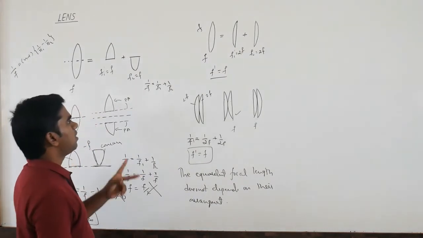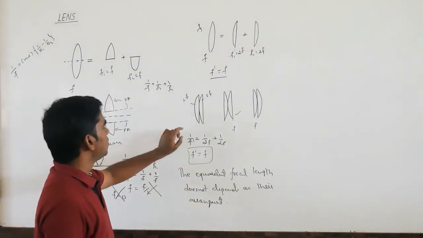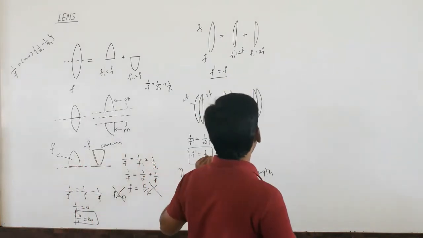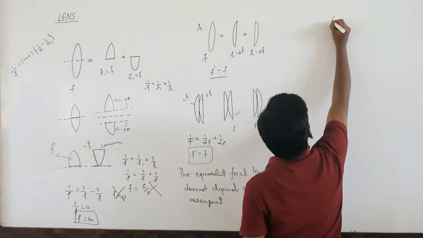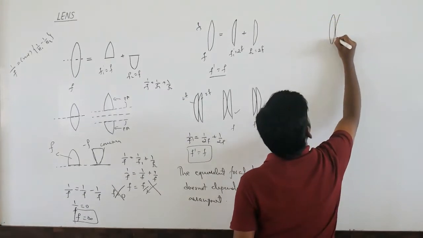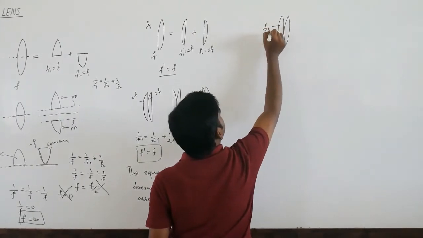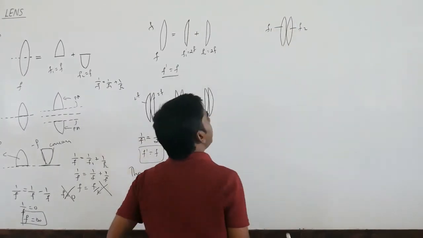Okay, so this is what the vertical cutting, we have discussed this in the last class. So we will concentrate a little on the combination of lenses. Suppose you are having two convex lenses. This one has focal length f1 and the other has focal length f2.